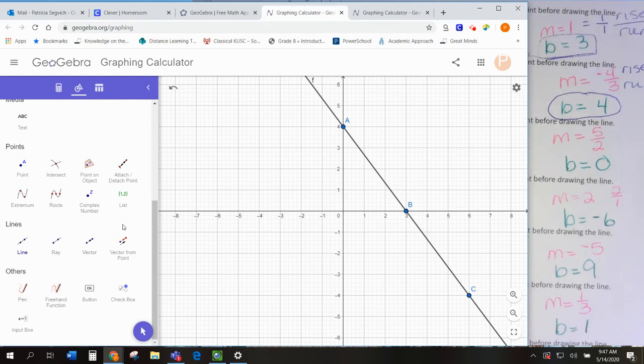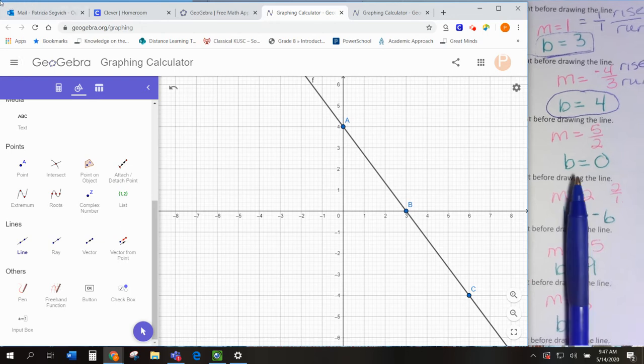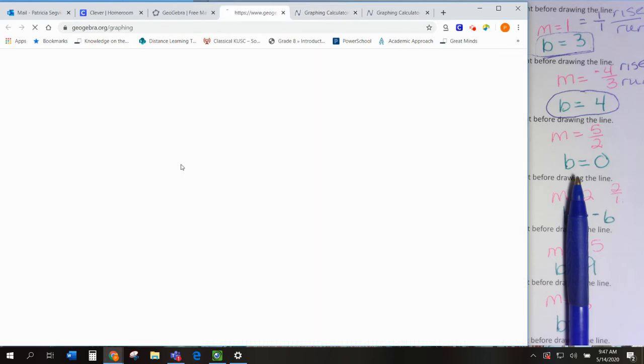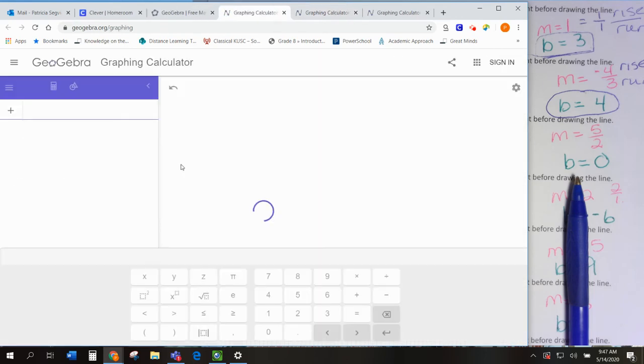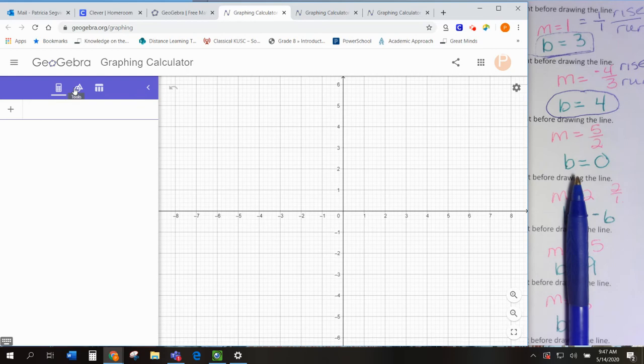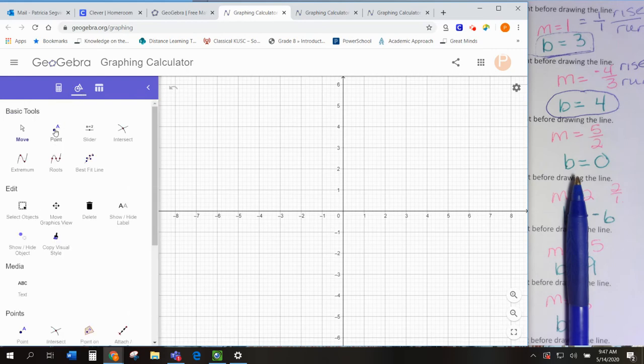Okay, let's go to number 4. We have a y-intercept of 0. So where's this going to go on the y-axis? Right here at 0.